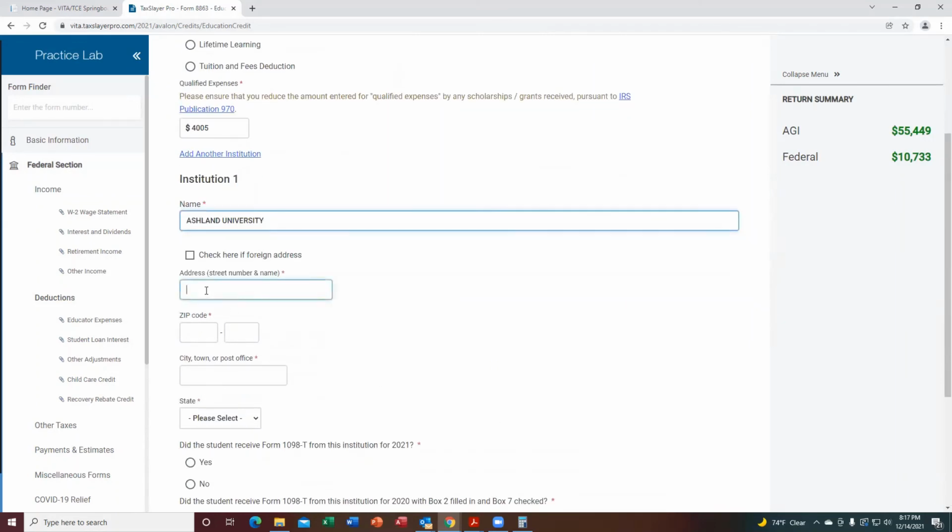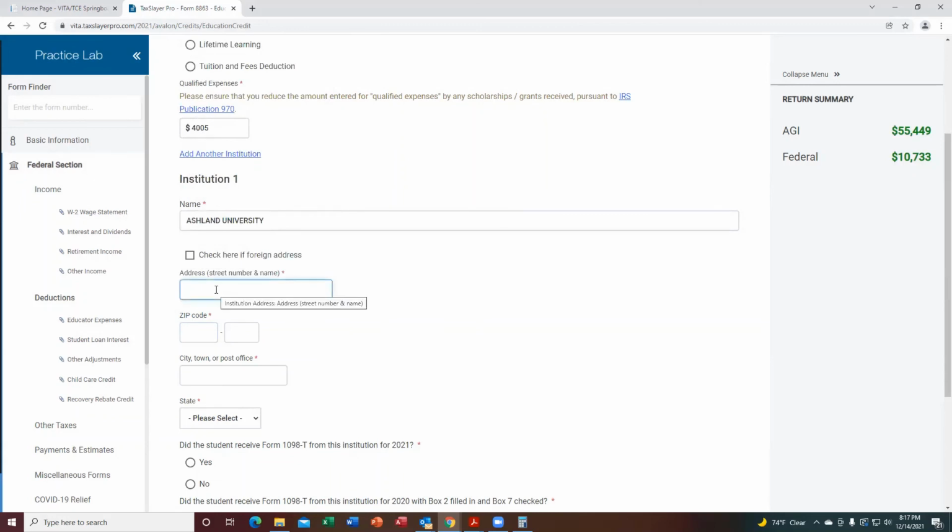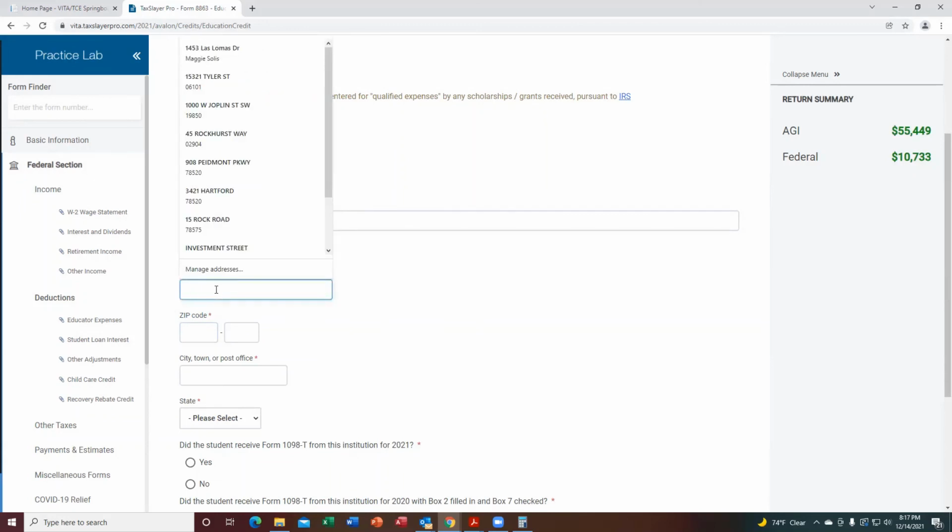On our VITA side, we get a lot of these. Unfortunately, there are some institutions that no longer produce a 1098-T, only because they look at box 5. If box 5 is greater than box 1, many institutions no longer produce a 1098-T.